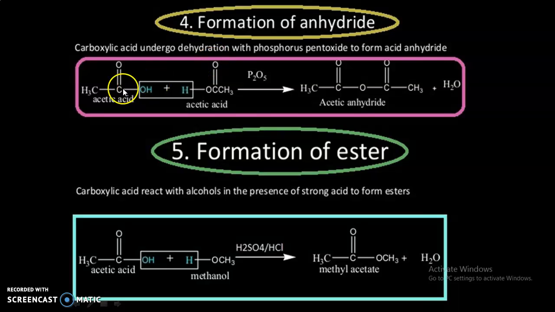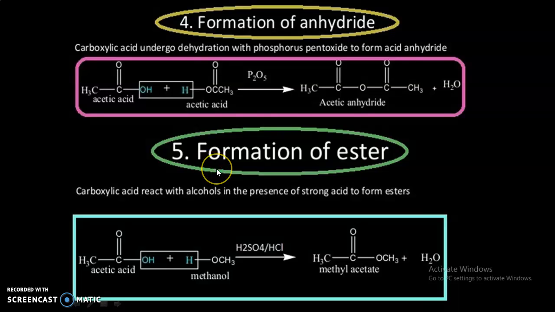See in the reaction, 2 molecules of acetic acid when treated with phosphorus pentoxide form acetic anhydride. The OH from one acetic acid molecule and hydrogen from another acetic acid molecule remove one water molecule and form acetic anhydride.